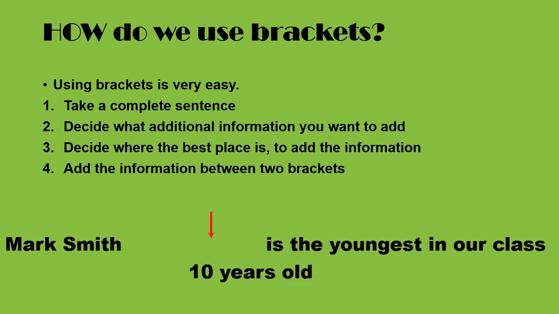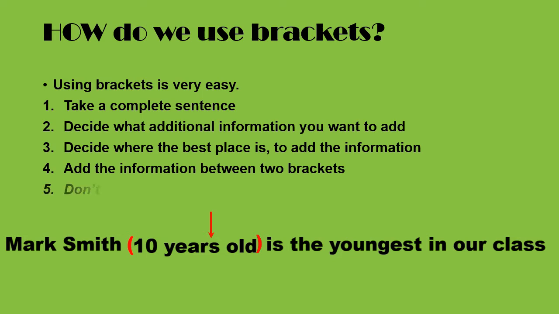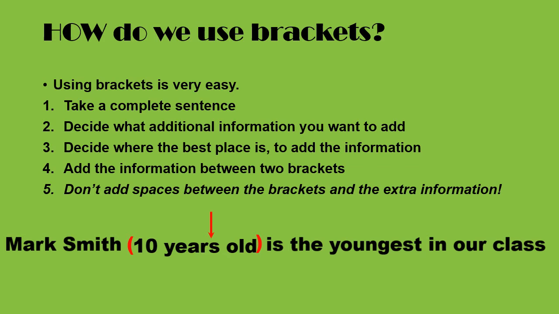Then we add this information and we put it between two brackets. Now pay attention. We do not add spaces between the first bracket at the beginning and the next word. So for example, in here, between the bracket and the number 1, there is no extra space.